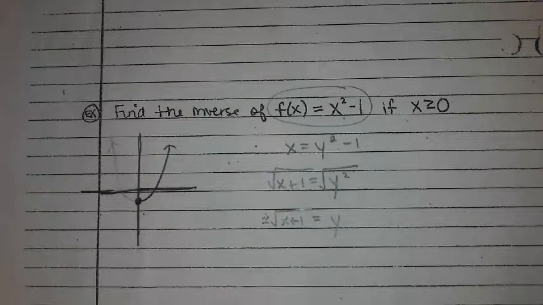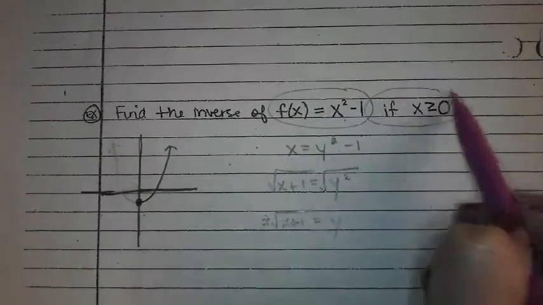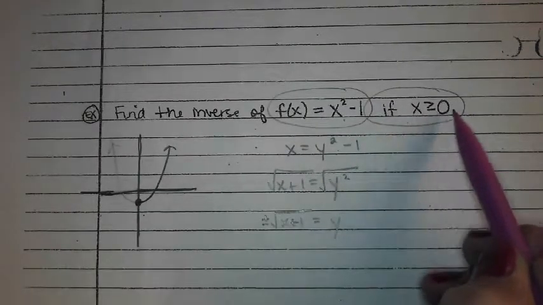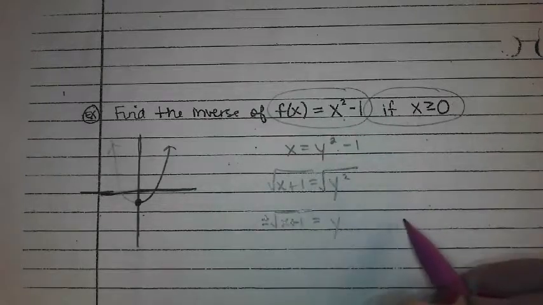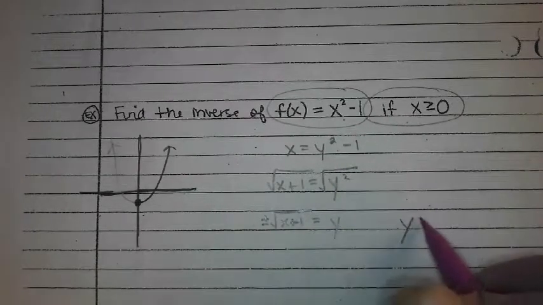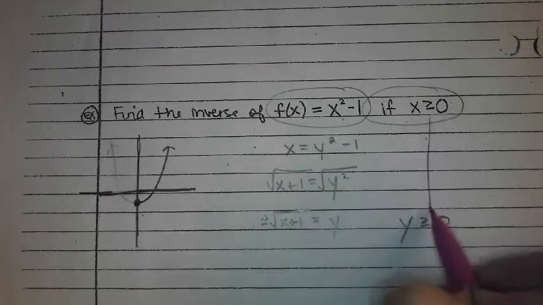But here's the thing with the flipping of the x's and the y's. If our original function says that x has to be greater than or equal to 0, then the inverse function is going to say that y has to be greater than or equal to 0, right?